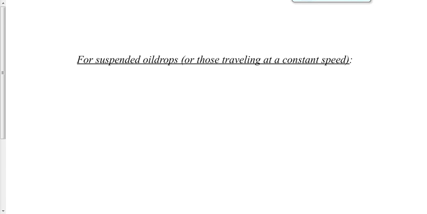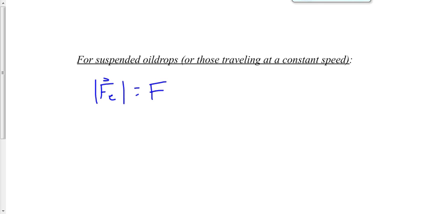If the two forces balance, then it will either be suspended or move up or down at a constant velocity. Okay, we're going to analyze in a few minutes what happens if the forces aren't balanced, if it accelerates. But for now, we're going to focus on what happens if the forces are balanced. If that's the case, then the charged particle is either going to be suspended or travel at a constant speed.